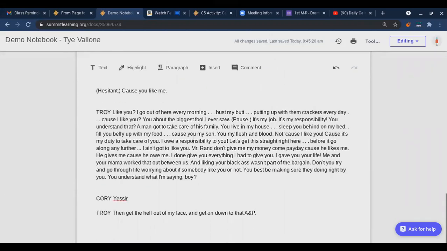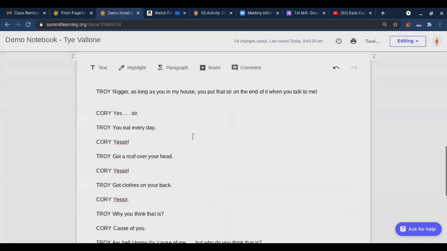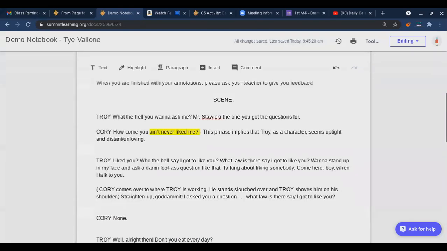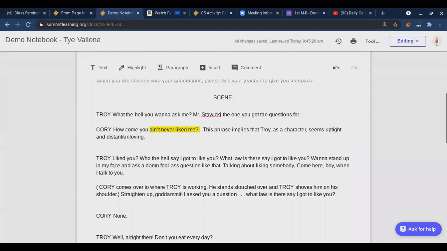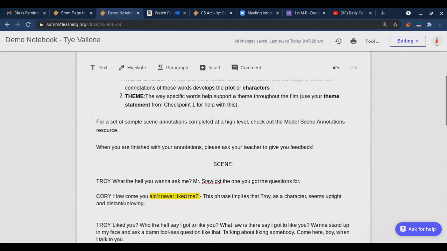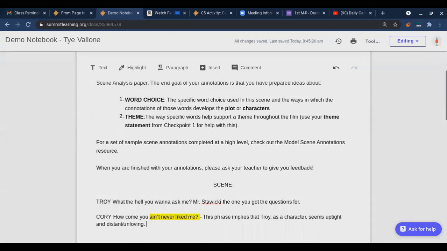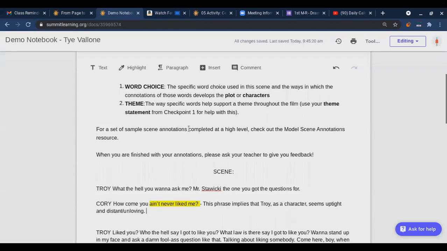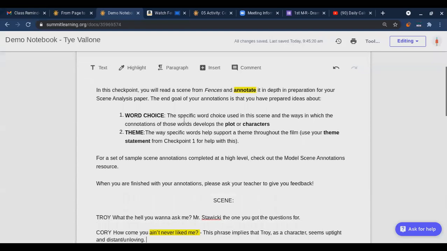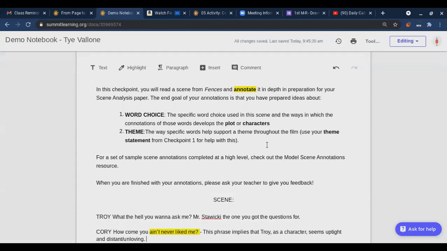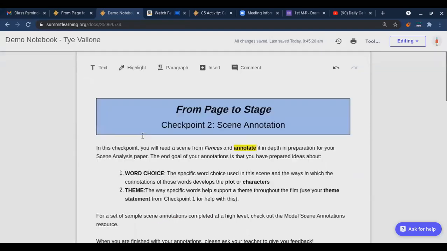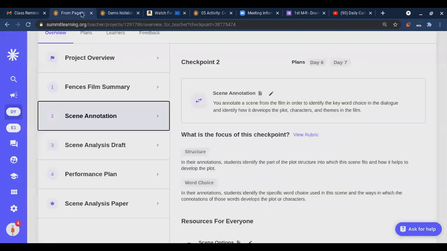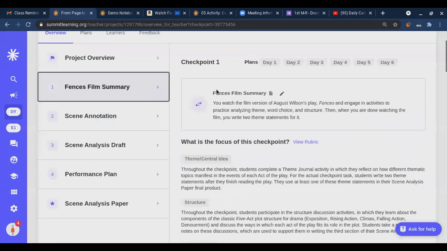All right. And I picked a scene that was fairly short, so it's not a whole lot to read through and annotate for you guys. And so you would continue going through looking for, okay, what's some good word choice that informs the plot or the characters? What's some stuff that informs the theme? And again, if you're stumped on this one, like it says in the directions, you can go back to checkpoint 1, which you should all have completed by this point, right?